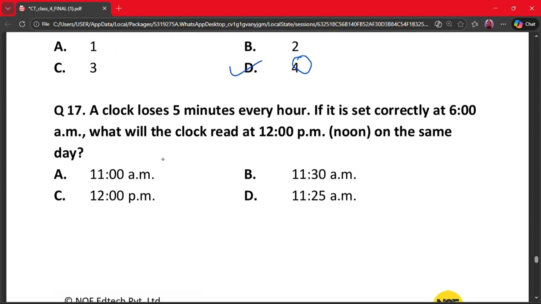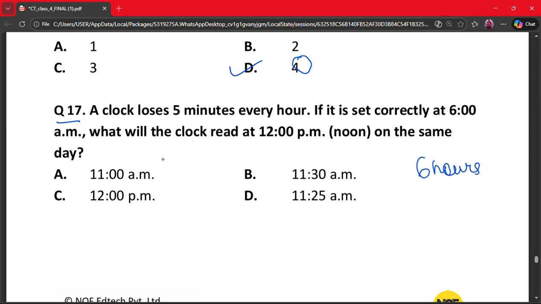Question number 17. A clock loses 5 minutes every hour. If it is set correctly at 6 a.m., what will the clock read at 12 p.m. noon on the same day? A. 11 a.m., B. 11:30 a.m., C. 12 p.m., and D. 11:25 p.m. So from 6 a.m. to 12 p.m. there are a total of 6 hours.